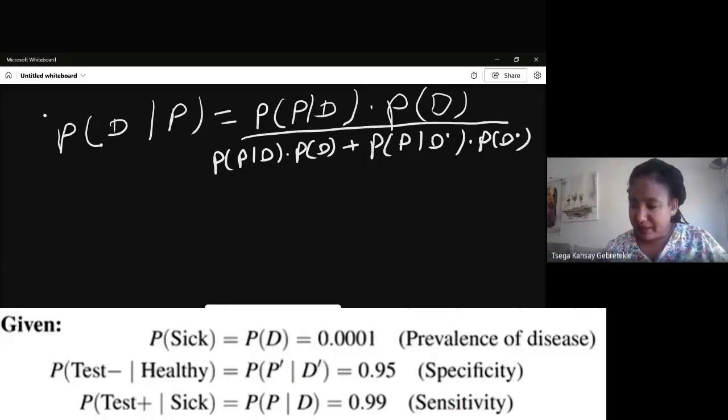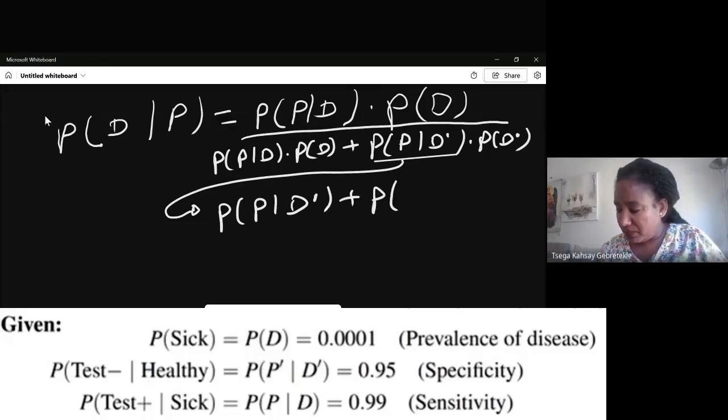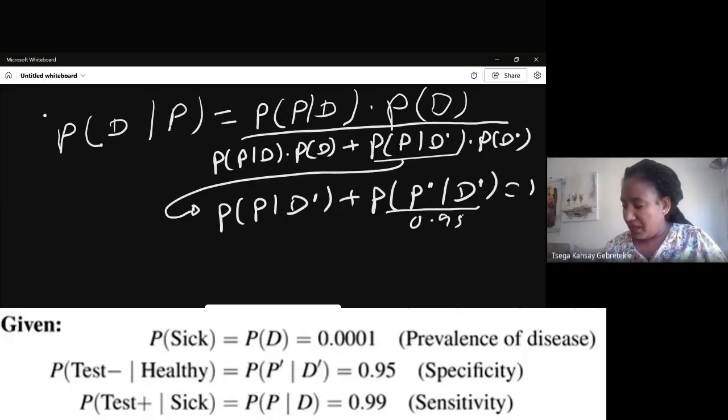From the given information, this is not given, but we know that the probability of P given D complement plus the probability of P complement given D complement is 1. And this is given, which is 0.95. And so this will be 0.05 in order to have 1.